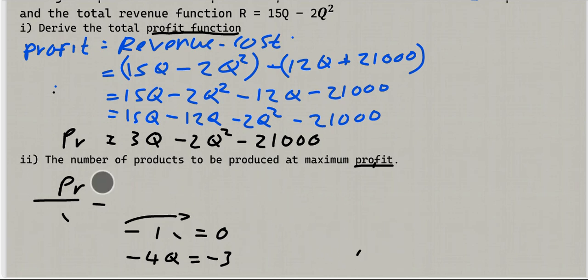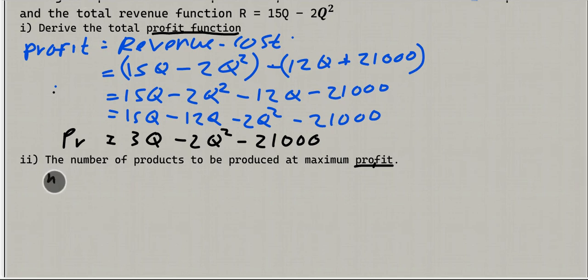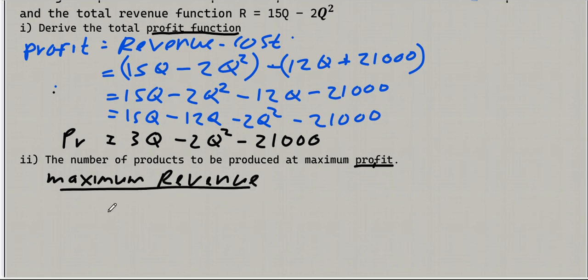What if you're told what is the number of products to be produced at maximum revenue, or at what quantity should you produce to maximize revenue? So, maximum revenue. Remember, this is now a different question. How would you get the quantity to be produced to maximize revenue?